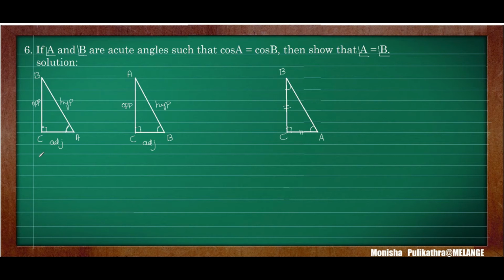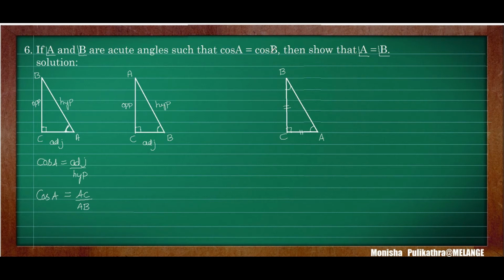Okay, so in the first triangle I will be taking the ratio of cos A. Here at this side the angle will be there. So cos A is adjacent by hypotenuse. The adjacent side is AC, and the hypotenuse is AB. So cos A is equal to AC by AB.